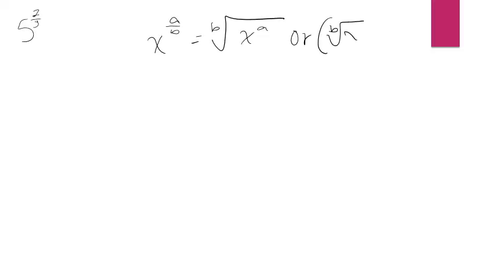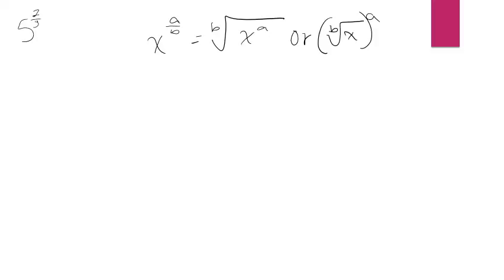Okay, let's look at this number, 5 to the exponent of 2 over 3. We have this special format in which if we have x to the a over b, it's the same as saying the b root of x to the a power, like this.